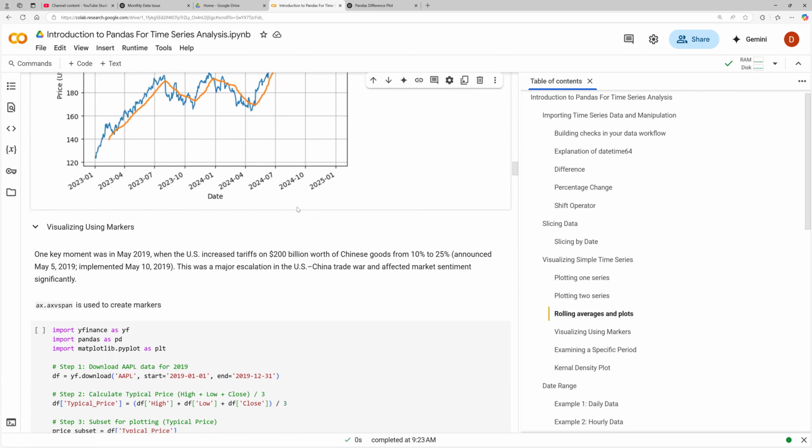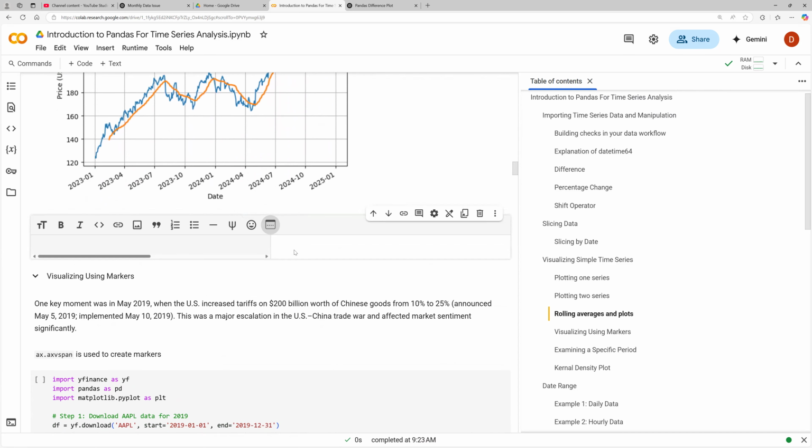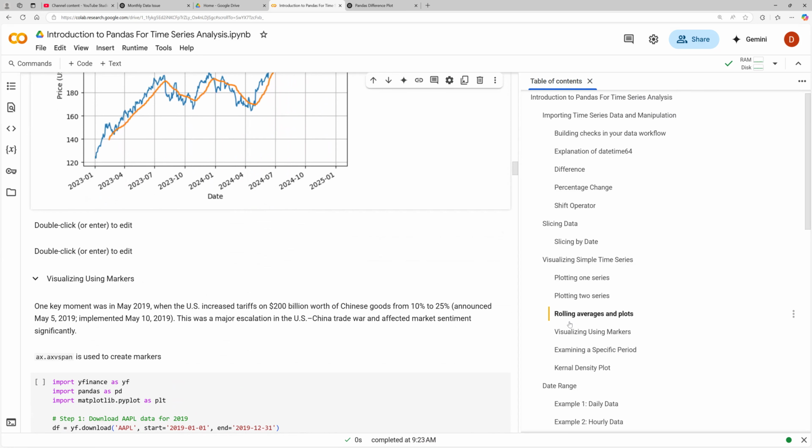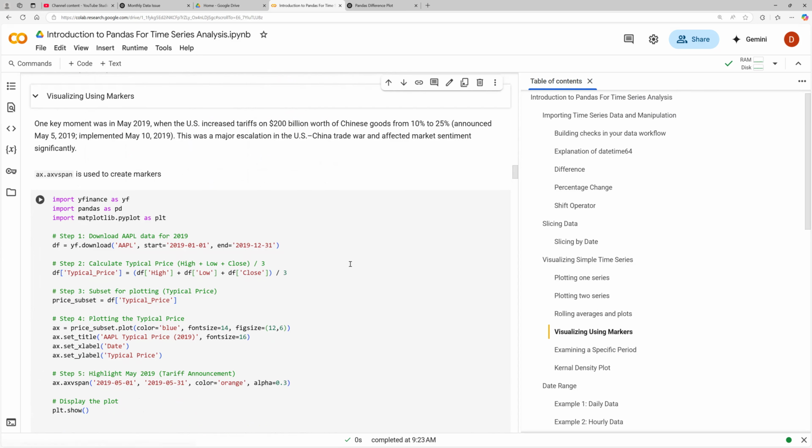Now, something that's pretty useful is to track events and see the influence of an event on the time series.